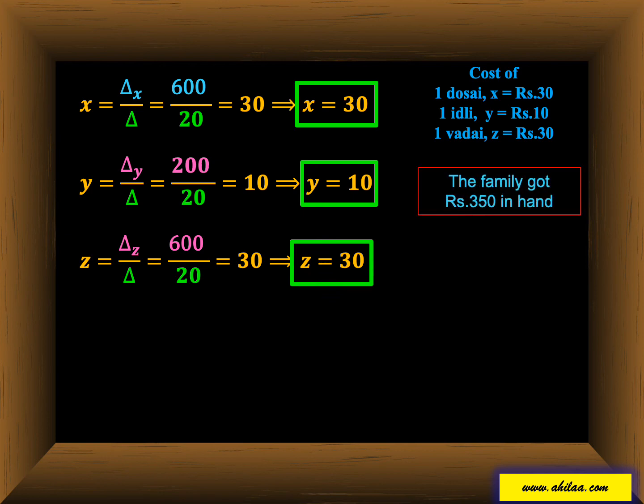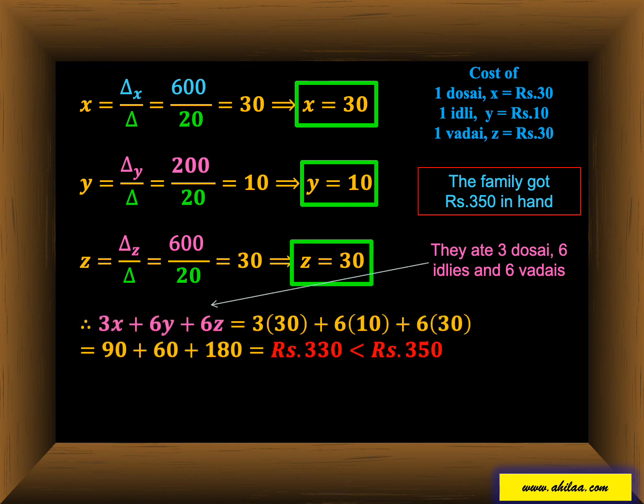Now the question: the family got only rupees 350 in hand. They ate 3 dosai, 6 idlis and 6 vadais. We need to check whether it is affordable for them to pay the bill. From this clue, let us form the equation as 3x plus 6y plus 6z. Substitute the values of x, y, z.